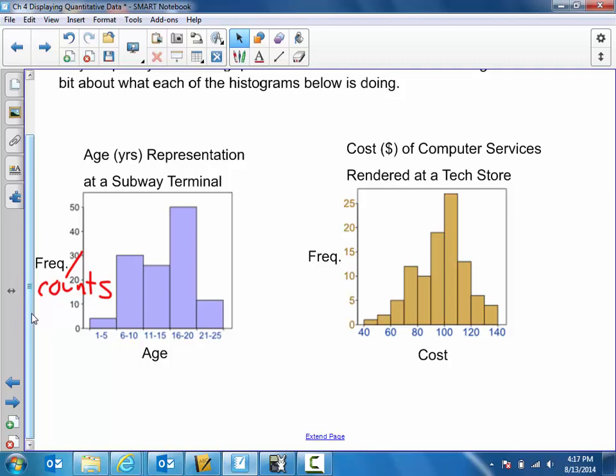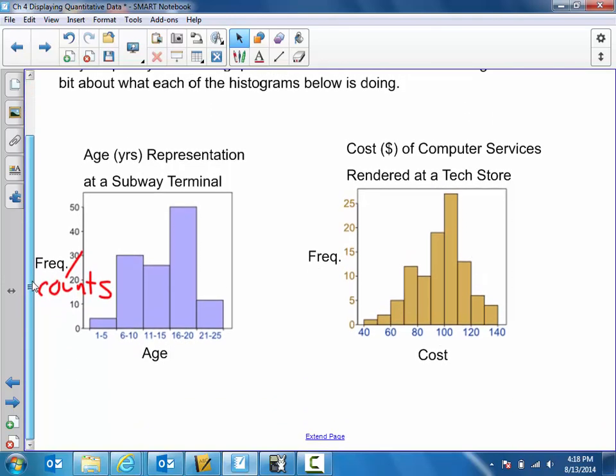For ages 1 to 5, it looks like 4, maybe 5 kids were at the subway terminal. You had 30 kids ages 6 to 10 at the subway terminal. That's kind of crazy. You had like 28, 27 teenagers, 11 to 15, at the subway terminal, et cetera.